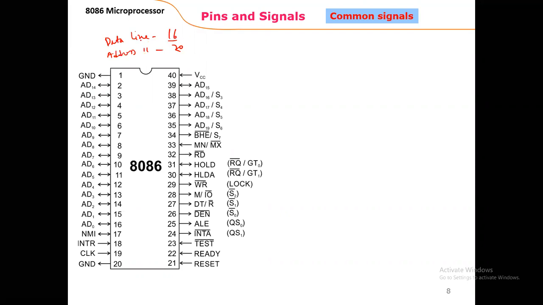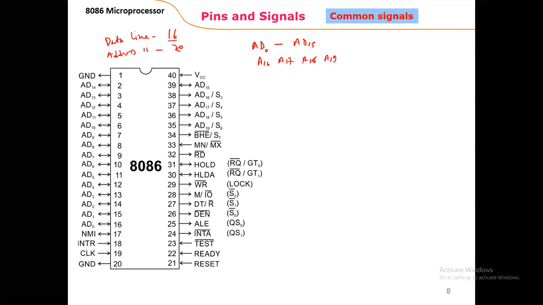So multiplexed AD means multiplexed address and data. Combined address and data: address 0 to 19, data 0 to 15, total 16. Then only address A16, A17, A18 and A19.